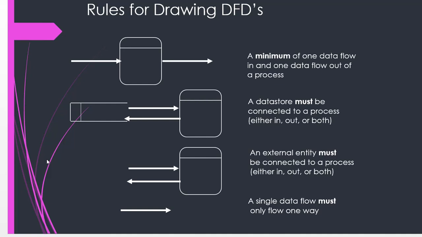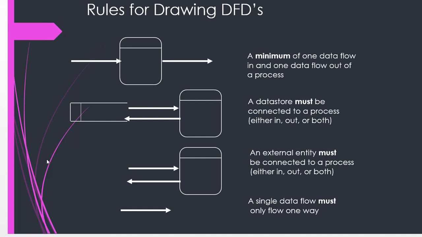So if we allow an external entity like our customer to directly update our goods sold file, then how do we know that information is actually correct? How do we know that they do not end up stealing the information or corrupting our database? So always remember that a data store is only connected to a process. It's never directly connected to an external entity.